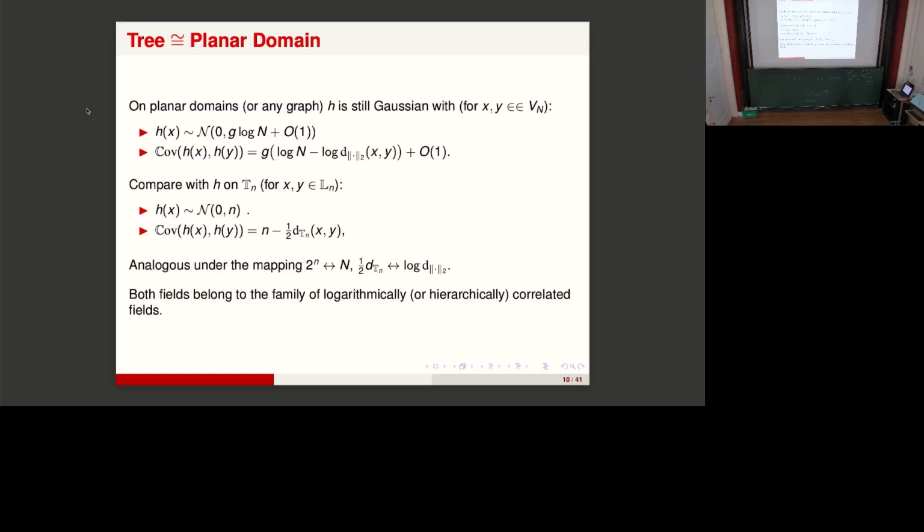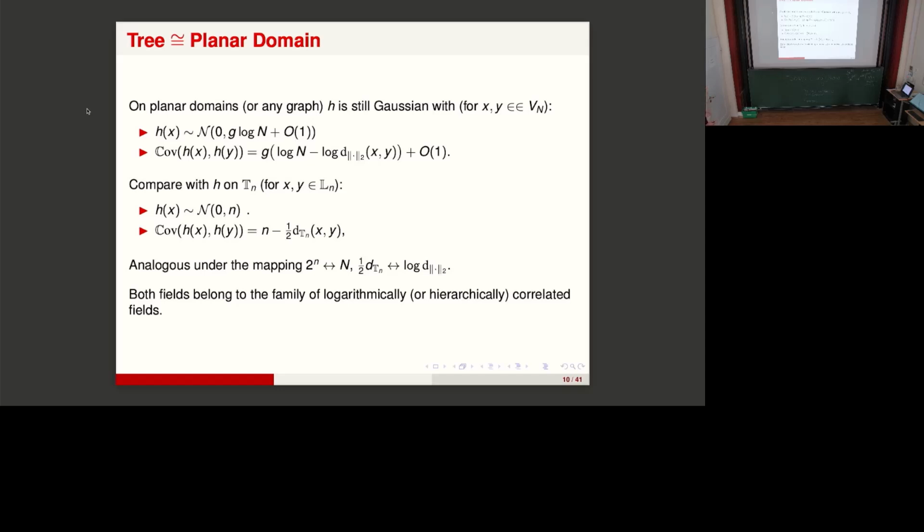But more importantly, this distance should be compared with this distance. This is the tree distance, and this is the logarithmic Euclidean distance.